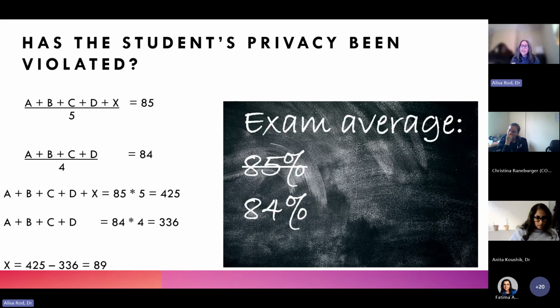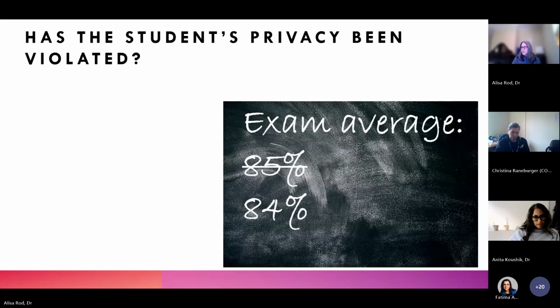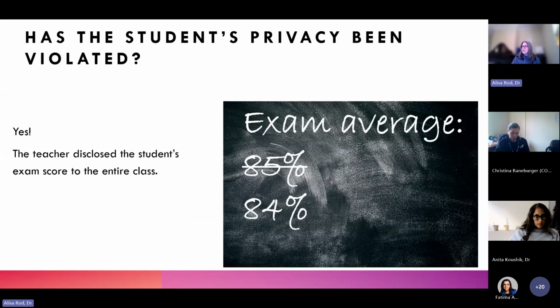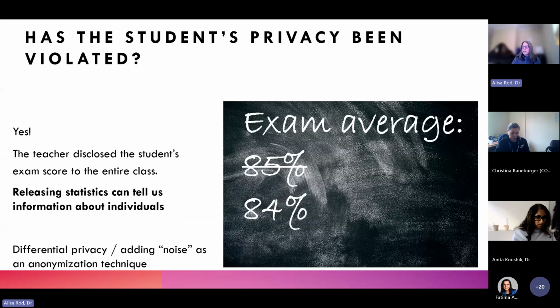This is a very simplified example of how this might work in a larger data set or with other kinds of context around it. But just to say that even if we're only reporting aggregate statistics, it doesn't necessarily prevent the identification of individuals. So yes, the teacher disclosed the student's exam score to the entire class. Releasing statistics can tell us information about individuals.